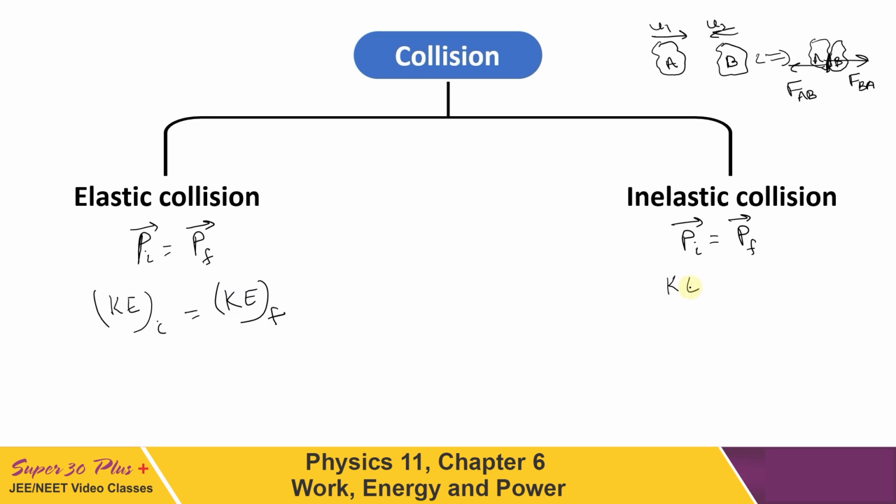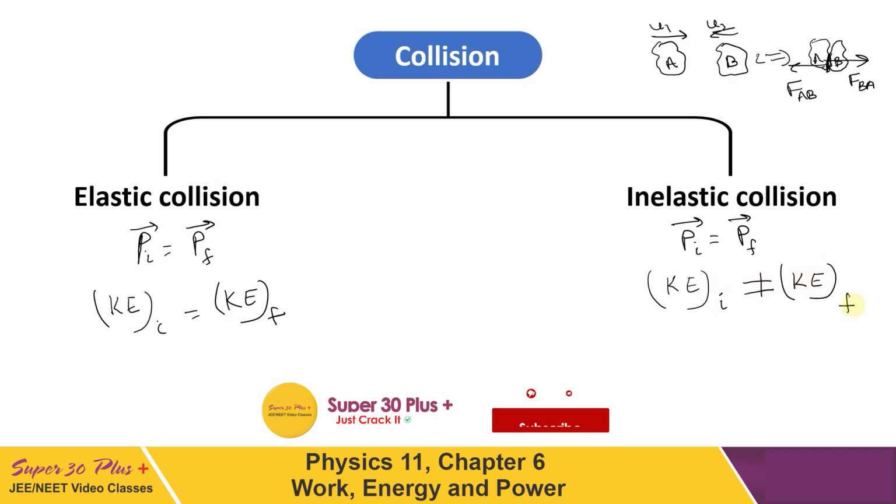So here kinetic energy initial is not equal to kinetic energy final. Though I can tell you that no collision in the universe is completely elastic or completely inelastic. Always it has to be partial, somewhat elastic, somewhat inelastic.